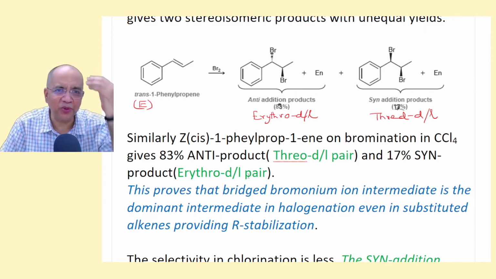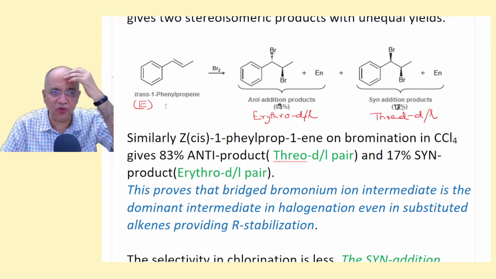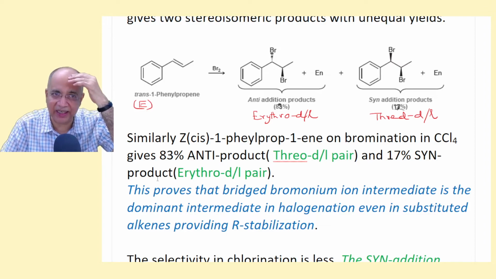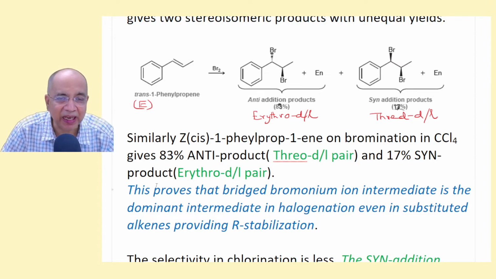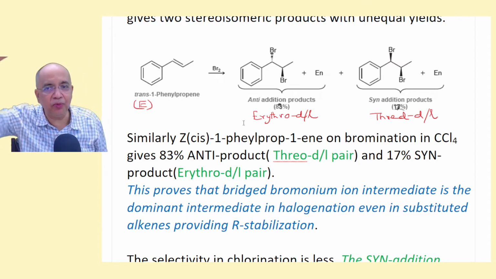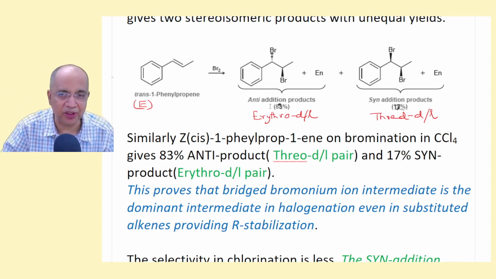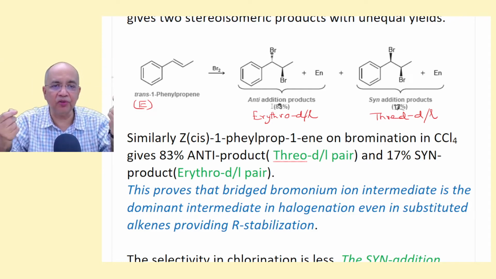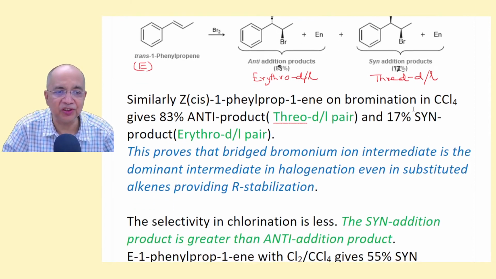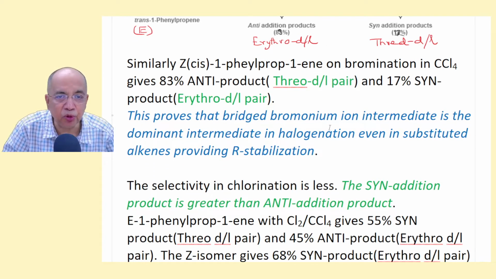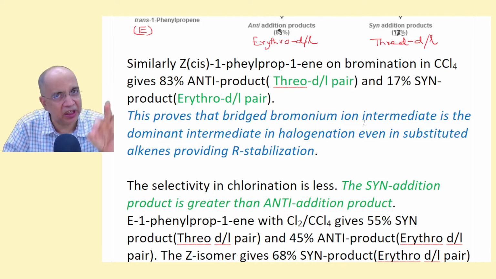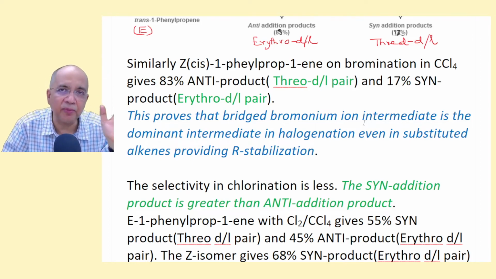You can do it yourself, since it is now cis, not E, it is Z. In that case, the anti will produce the threo, and the syn will produce erythro, just the opposite of this.